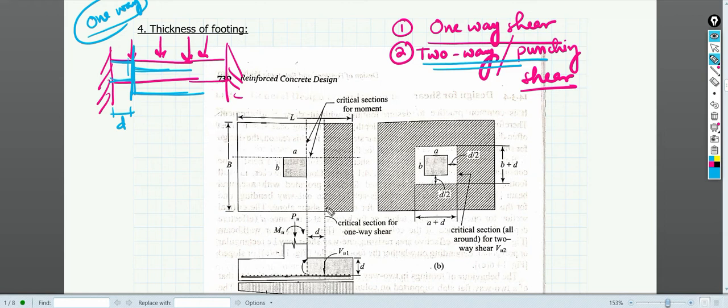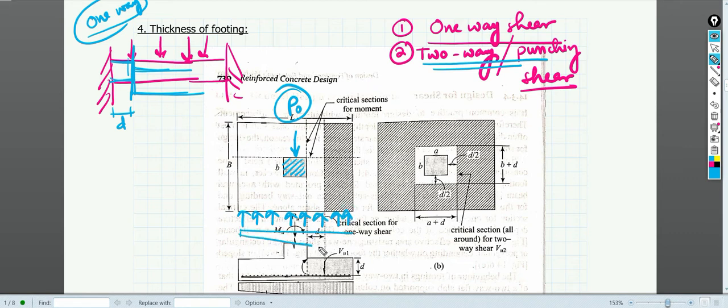Suppose this is our footing and this is our column, and it is subjected to a point load P naught. In that case the whole of the footing will be under soil reaction. It might be uniform, it might be uniformly varying, it depends.